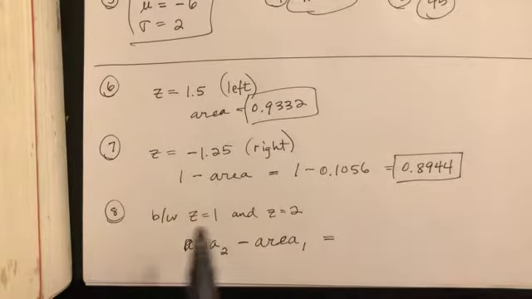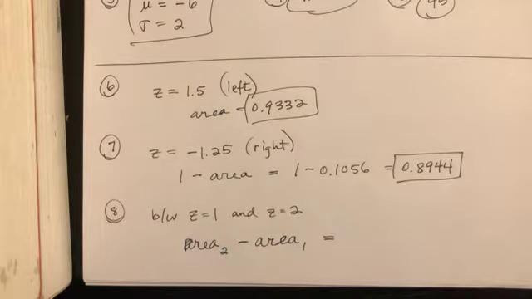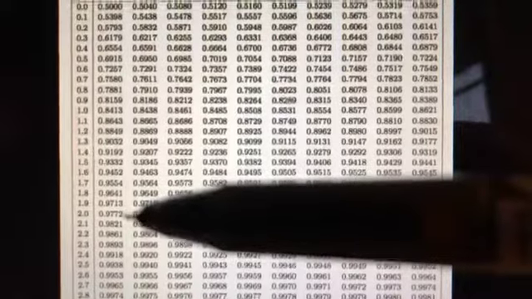All right, so I just need to go to the positive chart. Every time I got to refocus, but you know what? It's worth it to show you. So 2.00 is going to be 0.9772.